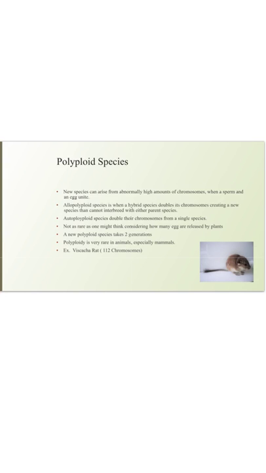This is a very good way to look at speciation because it only takes about 2 generations for a new polyploid species to develop. Polyploidy is very rare in animals, especially mammals. But there is one example of a polyploid species, which is the Vizcacha rat from Argentina, who has developed 112 chromosomes.